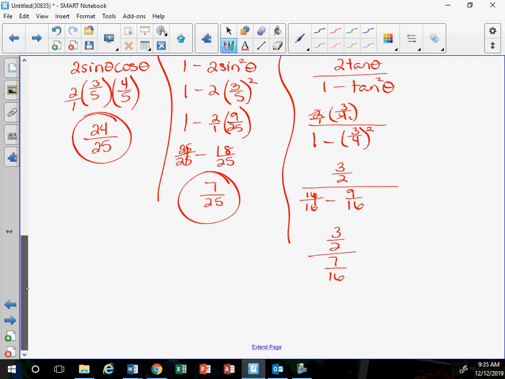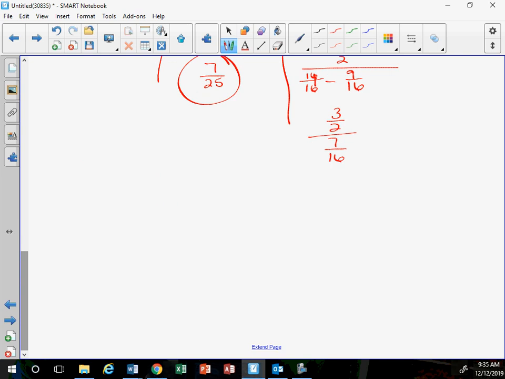So what do I really do at that point? That's just 3 over 2 times 16 over 7. Now again, reduce before you multiply. The 2 goes into 16 8 times. So what do I end up with in my numerator? And then 8 times 3 is 24 over 7. That is your final answer.